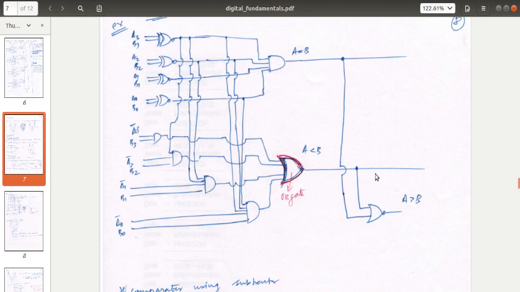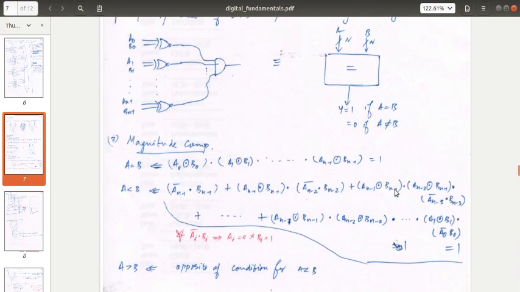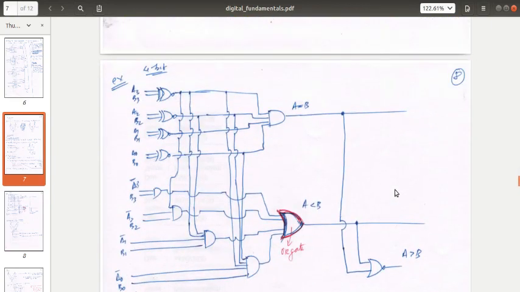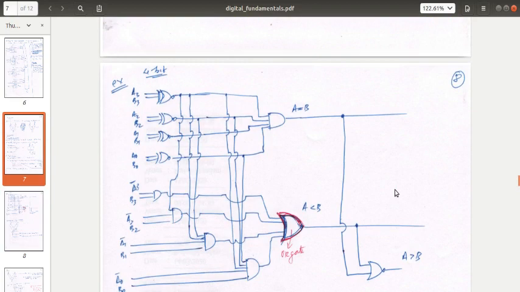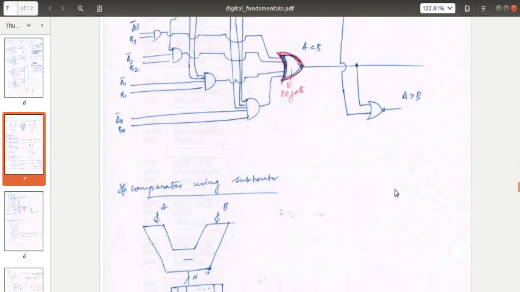So if for 2 given numbers it is not equal and A is not less than B, then obviously A is greater than B. To find whether both of these are 0, we use a NOR gate, and that will be A greater than B. So this is the magnitude comparator, a complete comparator in which we get the 3 conditions: A equal to B, A less than B, and A greater than B.